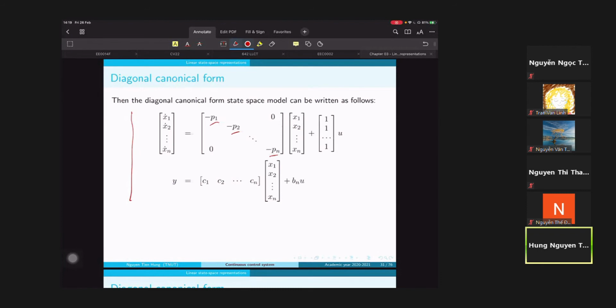The system matrix A is in this form, the matrix B like this, and C1, C2 up to Cn are in the output matrix C. And if we have D, it will be this.